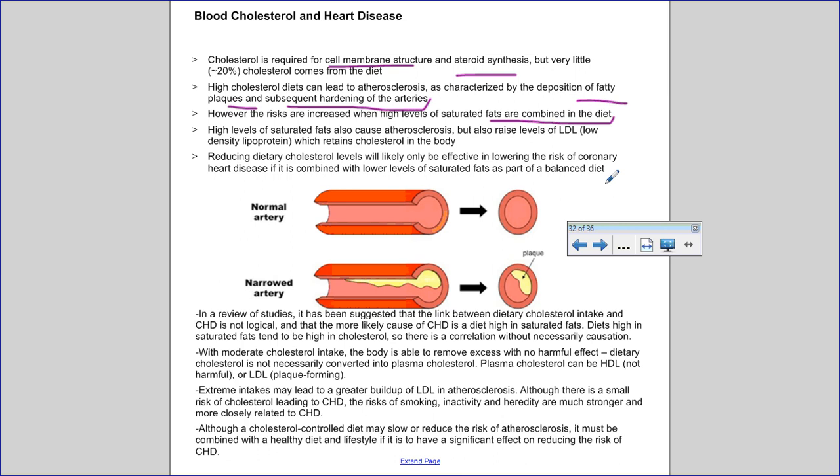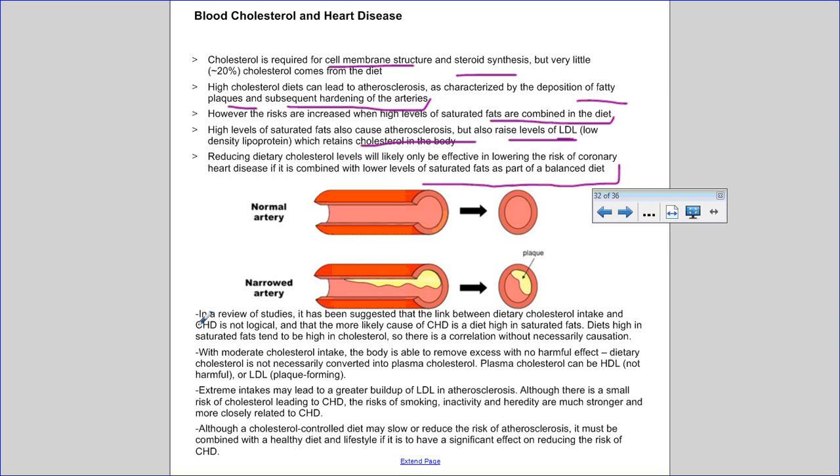High levels of saturated fat can also cause atherosclerosis, but will also raise LDL levels, those low-density lipoprotein levels, which help retain cholesterol in the body. Reducing dietary cholesterol levels will only be effective in lowering the risk of coronary heart disease if it is combined with lower levels of saturated fats as part of a balanced diet.